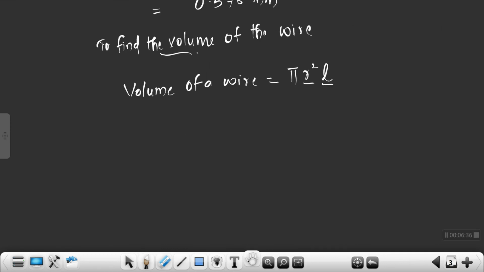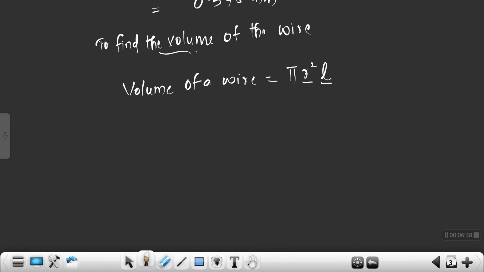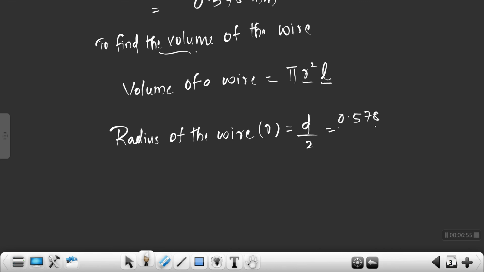So radius of the wire R is equal to diameter divided by 2, that is equal to 0.578 divided by 2, and that is equal to 0.289 millimeter.